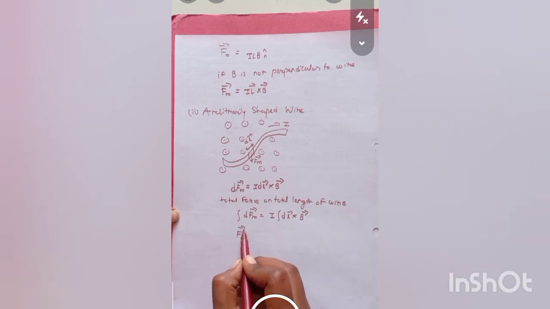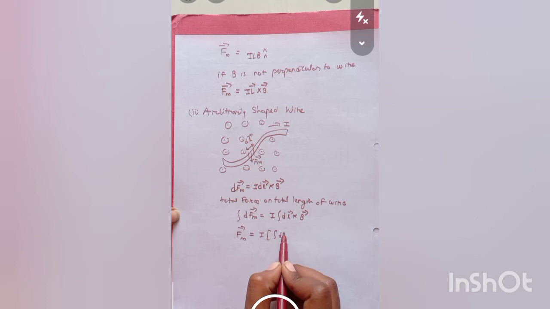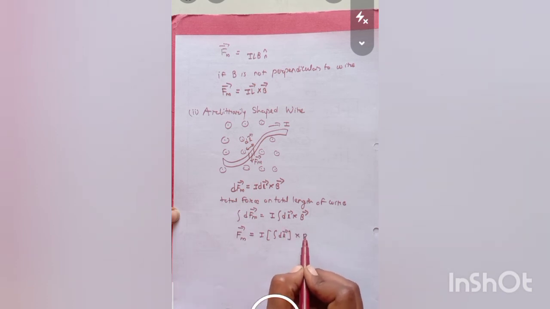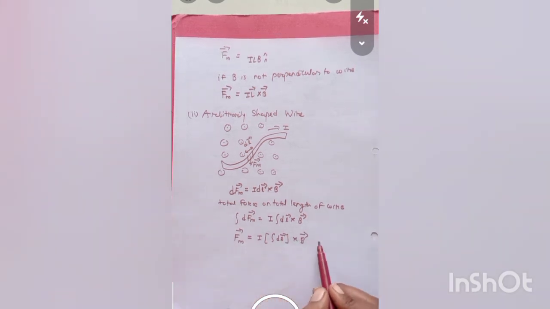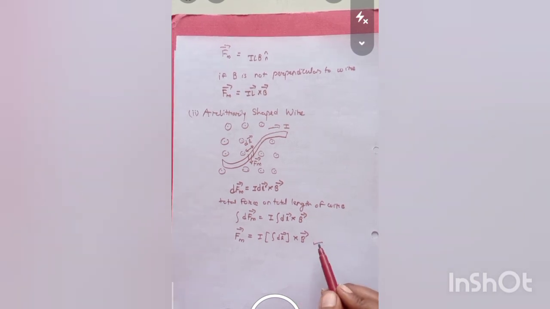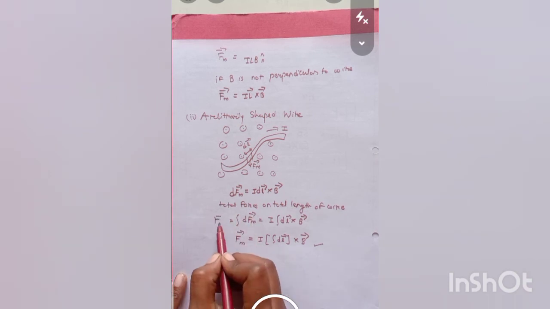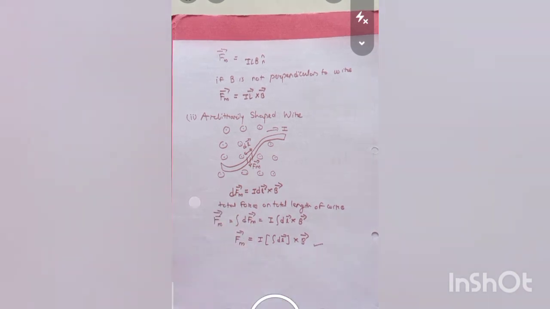Vector Fm is equal to I, and in brackets the integral of vector dl, cross vector B. So this will be when the applied magnetic field is uniform throughout the whole wire, and the solution of this will be given by this.